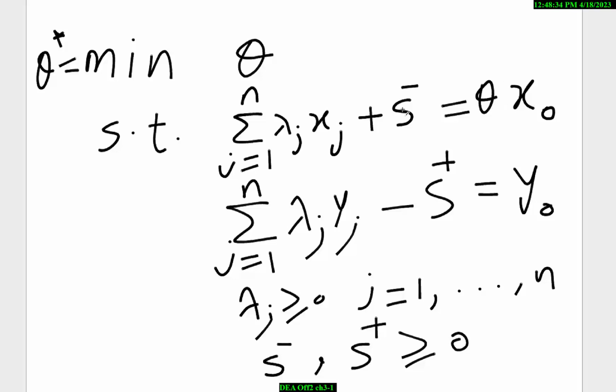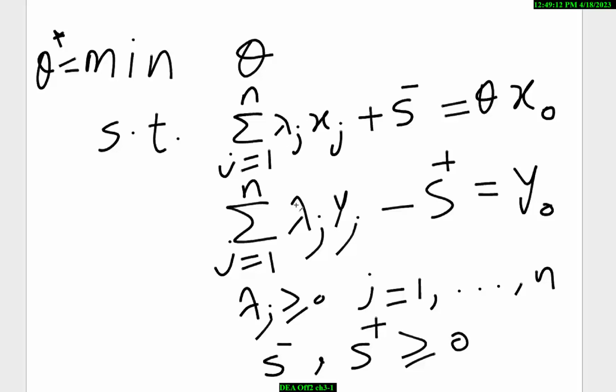So from these summations that all are non-negative, we should have S minus equal to 0, and the summation of lambda j xj, j from 1 to n, should also be 0. Since from our assumption of semi-positivity each xj has at least one positive component, we should have all the lambda j equal to 0.